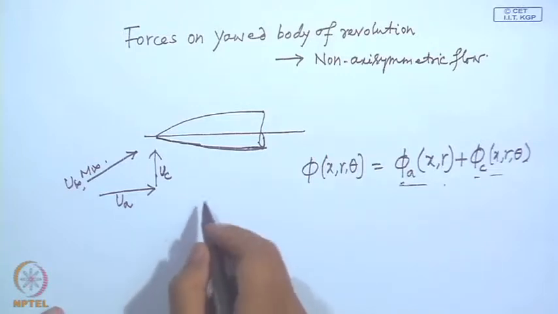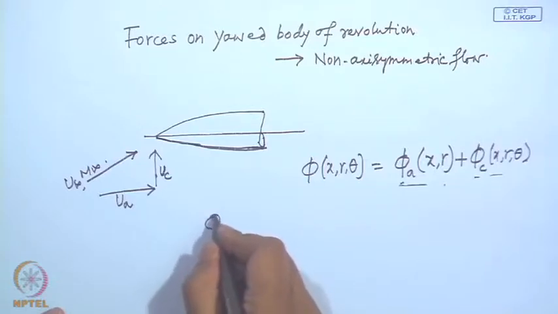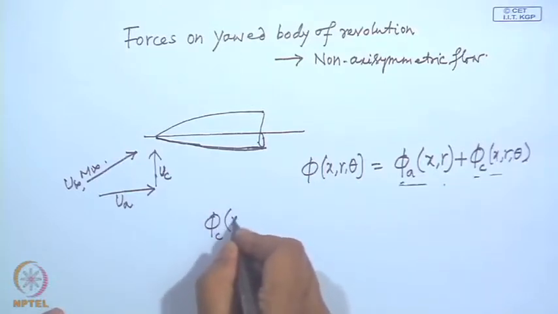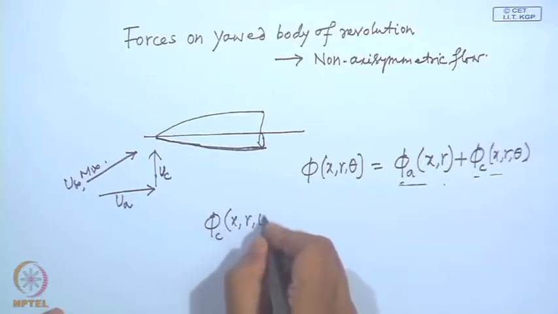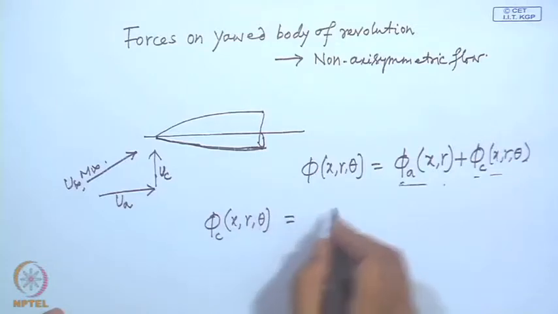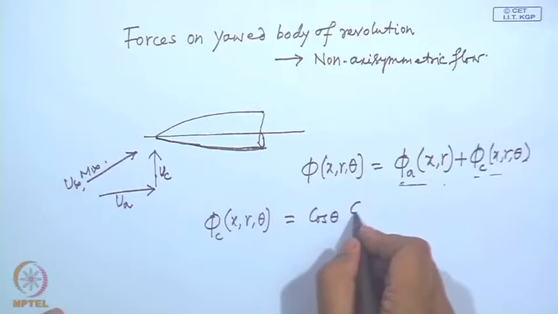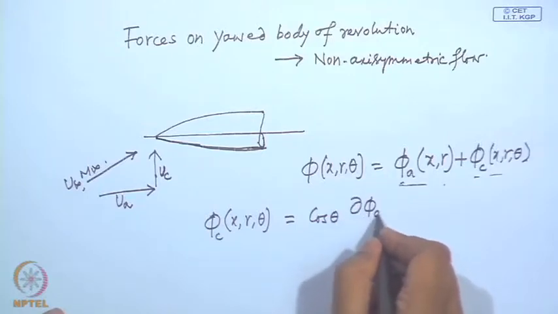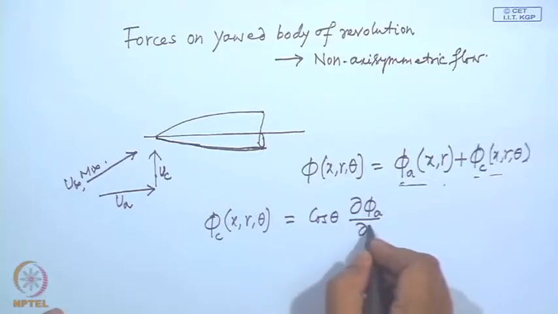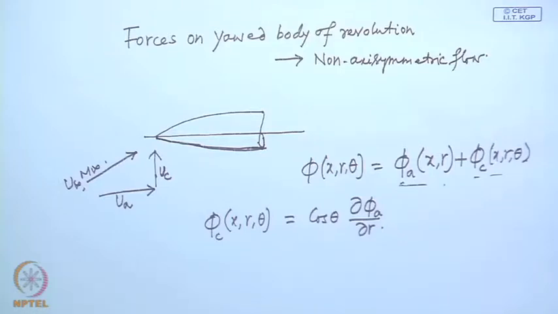Now, we have earlier seen that the cross flow solution is given as cos theta d phi a dr, that is, once the axial flow solution is known, we can straight away get the cross flow solution.